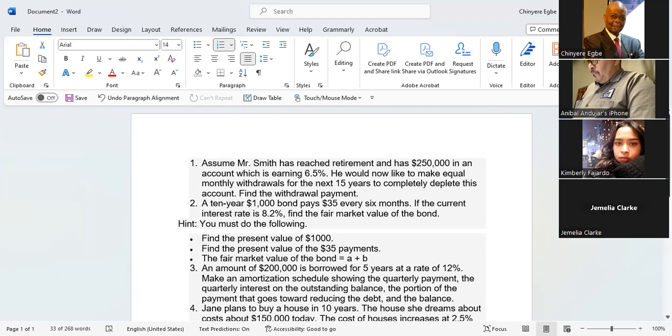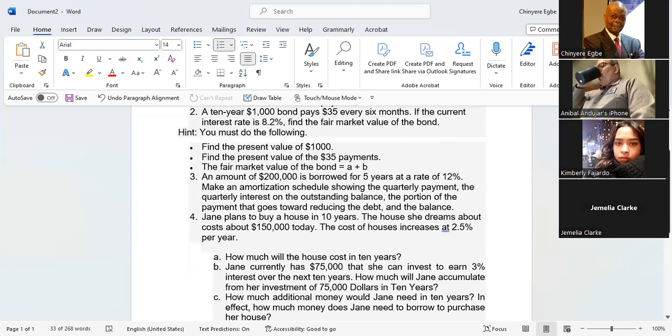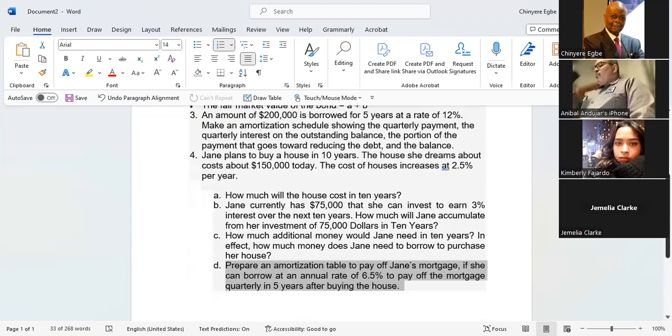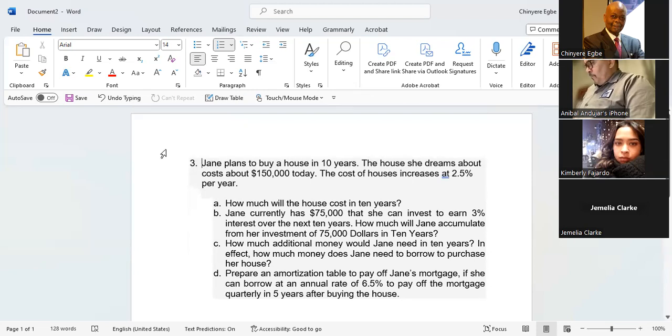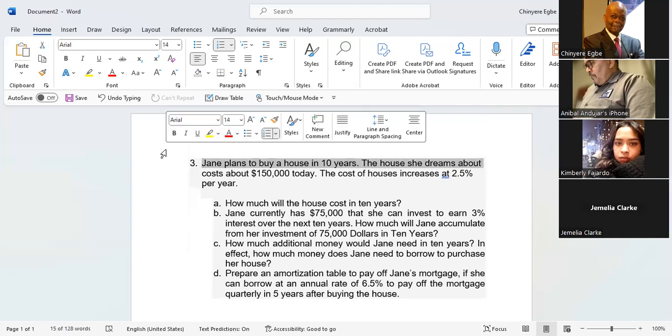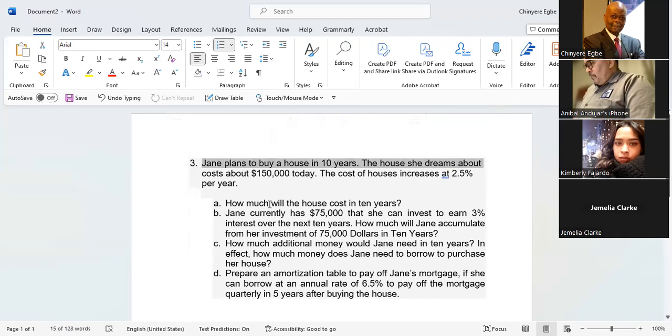I'm going to take the same problem, modify it, and we'll talk about amortization. So what you do when you take a car note, the company gives you an amortization table or an amortization payment.